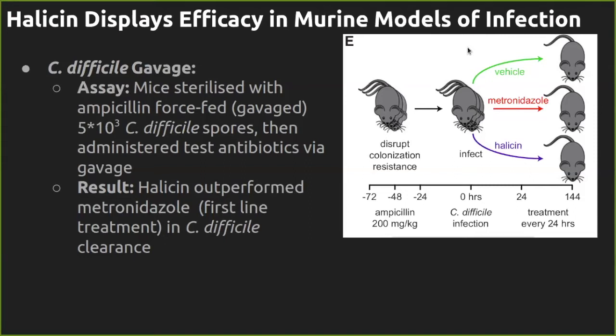And then they treated them with or without either halicin or metronidazole, which apparently is the first-line antibiotic for C. difficile treatment. And they found that halicin actually outperformed metronidazole in this particular test. Of course, it's all subject to further testing by independent bodies and larger sample sizes and so on. But it's all quite promising.